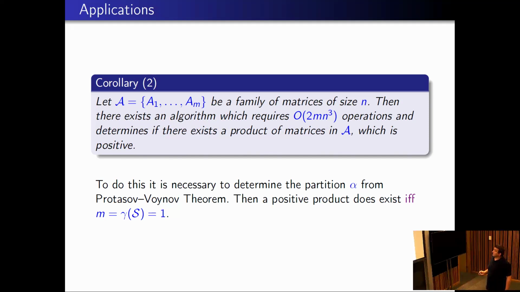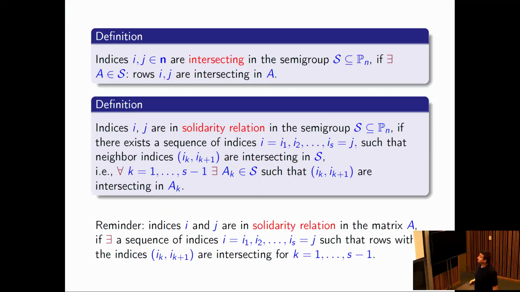Say I have a family of matrices and I want to decide if there exists a positive product in this family. And it gives me polynomial algorithms as a consequence.